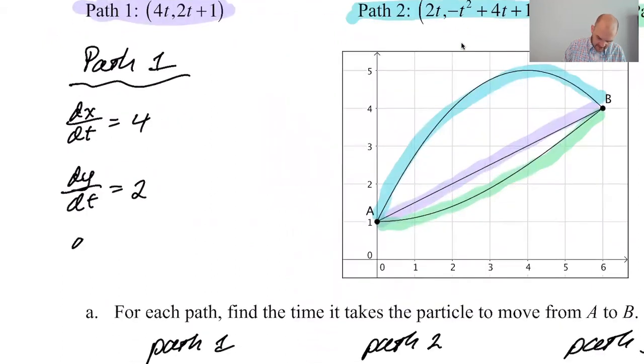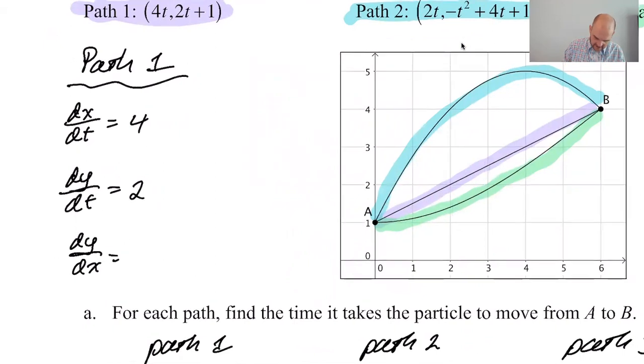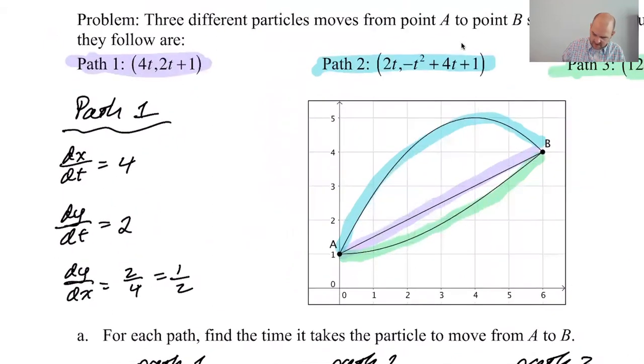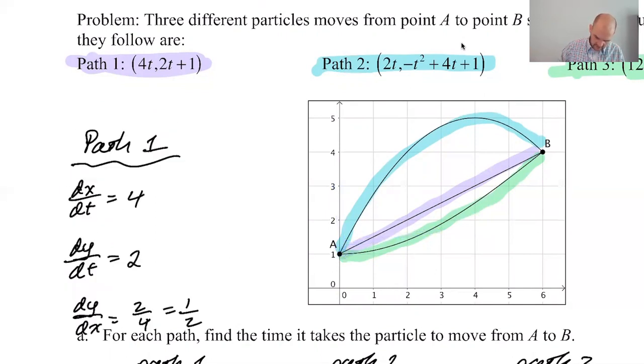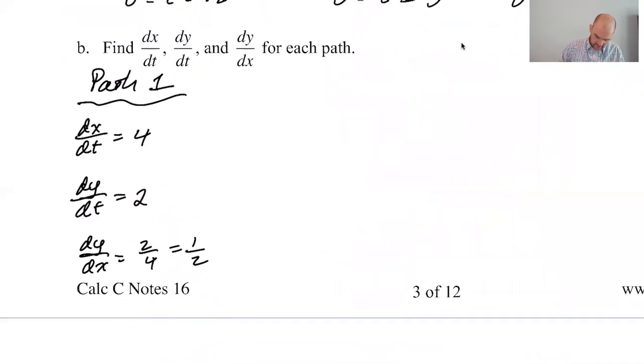And then dy dx is going to be dy dt over dx dt, which is 2 over 4. So 1/2. And that makes sense because it's a line, right? This one's definitely linear. And so you go up 3 and you go over 6. Up 3 over 6, so 1/2. Makes sense. We're moving this down. Hopefully there's enough room.